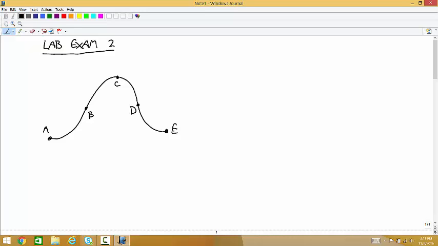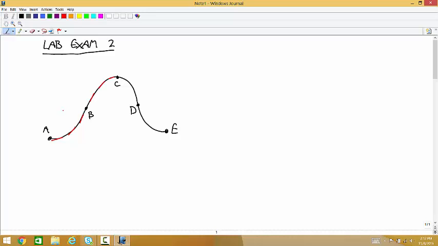So first, where is velocity positive and where is velocity negative? That has to do with the slope of the tangent lines at all these points. From A all the way to C, the tangent lines all have positive slopes.